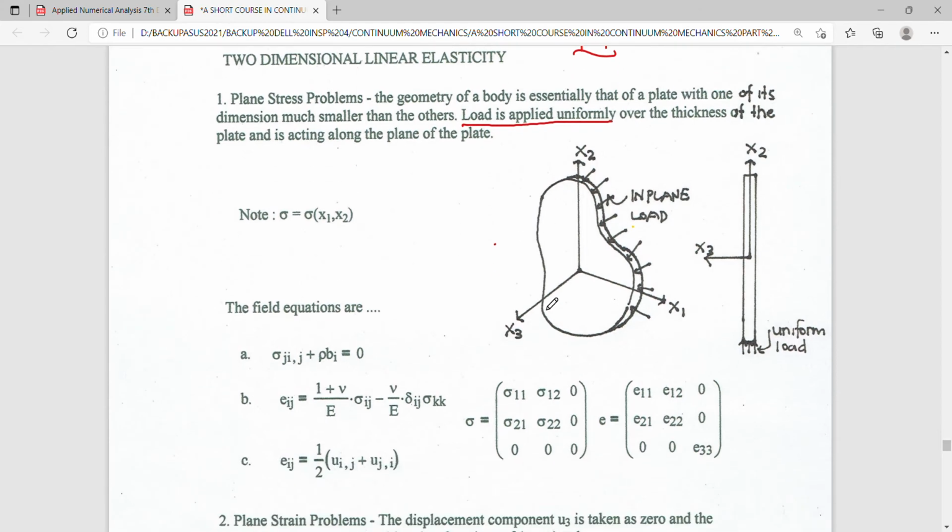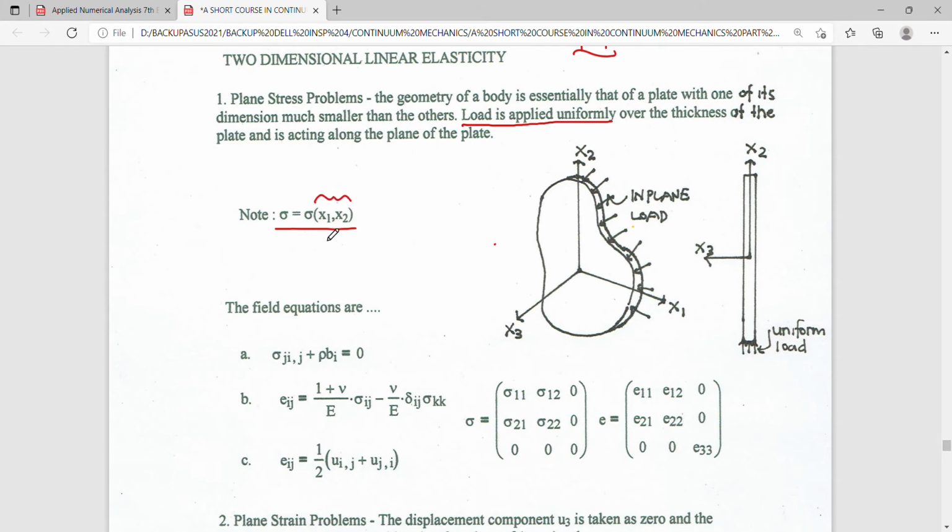In terms of functional requirement, mathematical criteria, we now define a plane stress problem in this regard. Okay, so the stress is a function of the plane upon which the load is acting along.